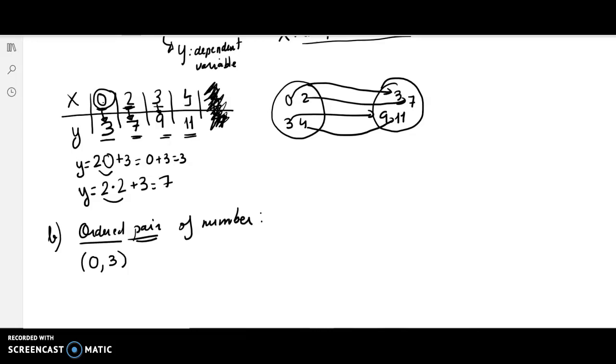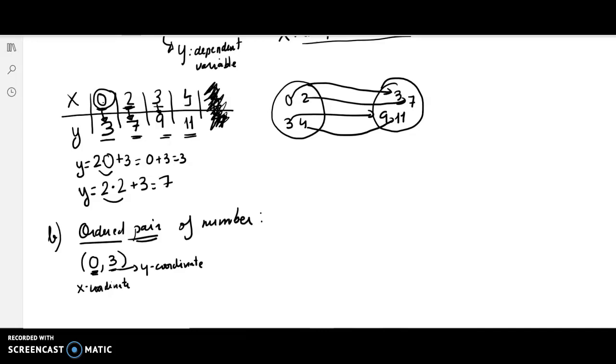Well, as we saw in the last video, this pair of numbers represent the coordinates of a point. The first coordinate is the x coordinate. The second coordinate is the y coordinate. And I cannot change this order.